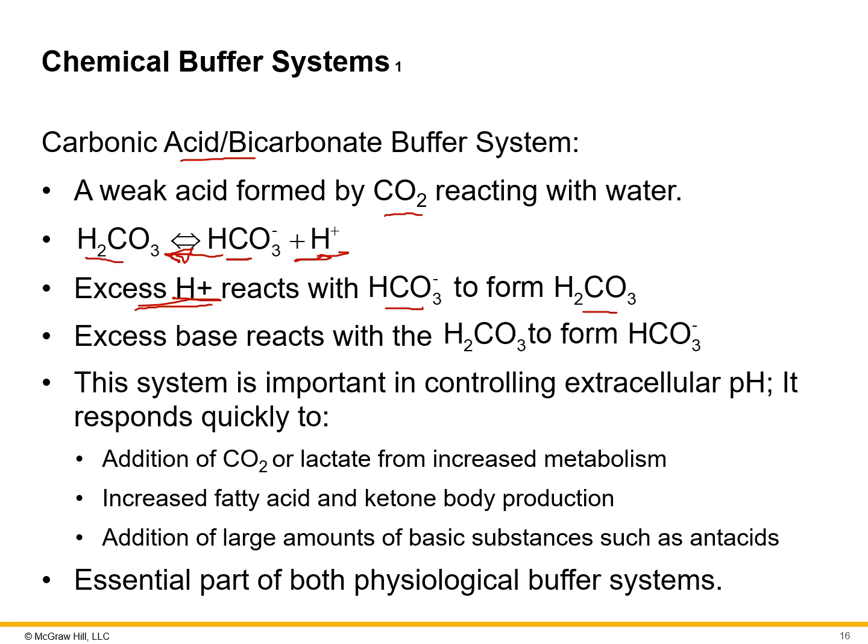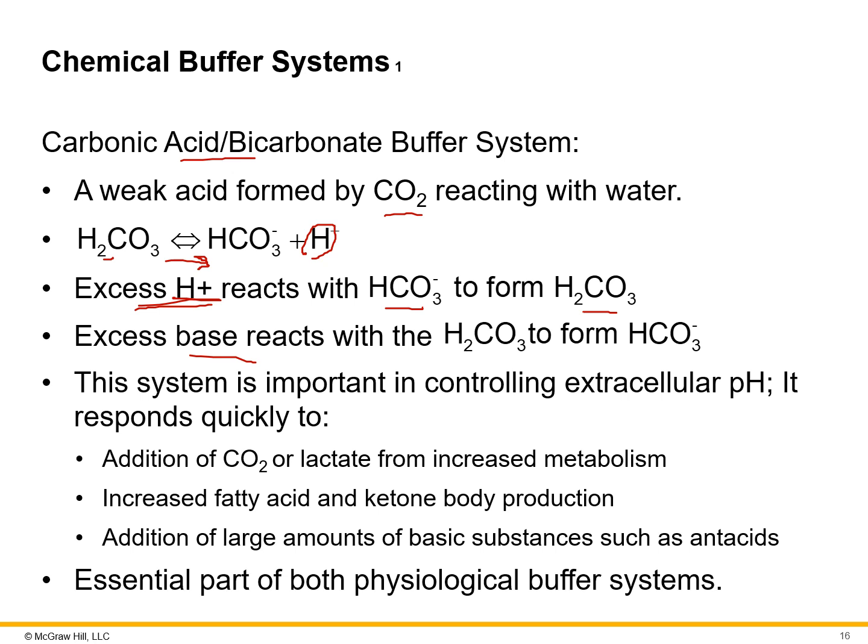Now, if the opposite happens and we have an excess of base, with hydroxides being added, now we need to increase hydrogen ions. So now we're going to go to the right. Carbonic acid is going to break down and release hydrogen ions.